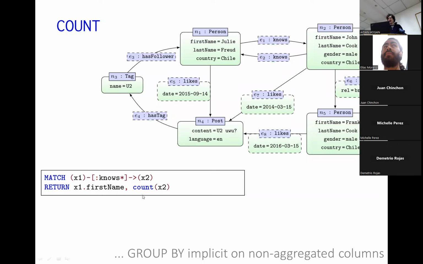I'm not sure if I like it or I don't like it, but it's got an elegance to it. So what does this mean? It means that here we're returning the first name and count x2. So we're going to group by the thing that's not aggregated. We're going to group by first name. So we don't need to explicitly say group by first name and then select count something.